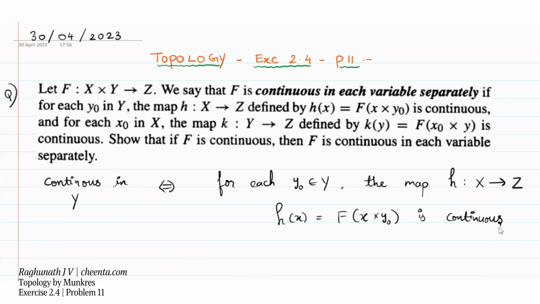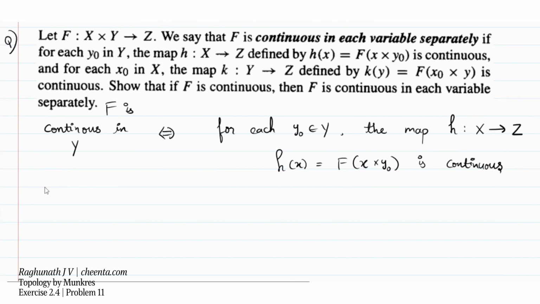This means F is continuous in the variable y if and only if for every y naught this map from X to Z is continuous.